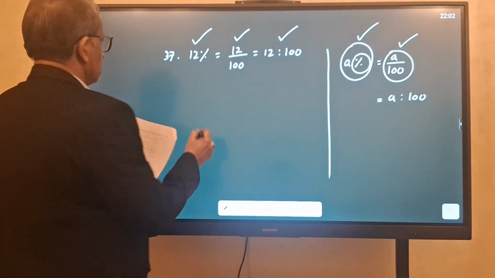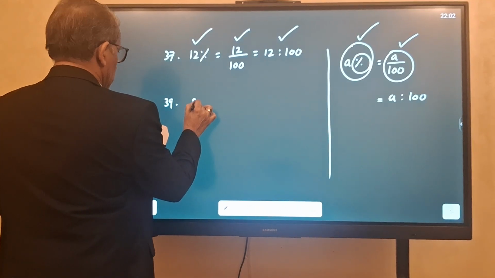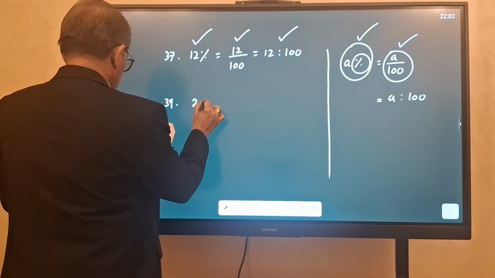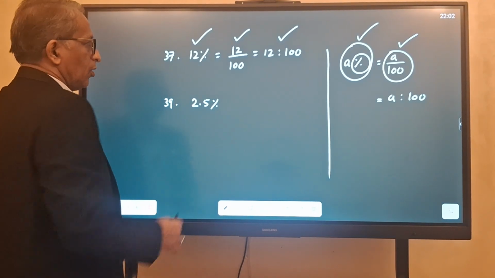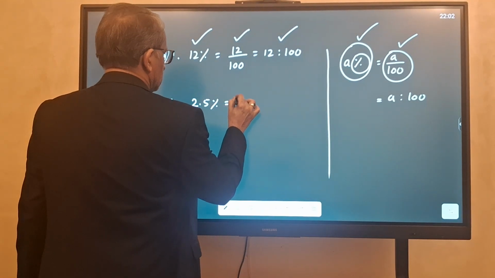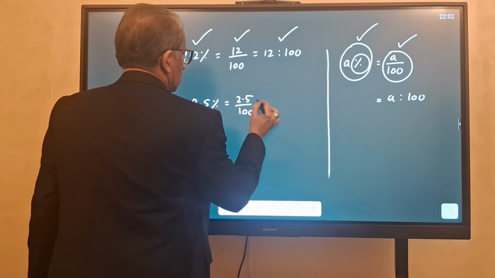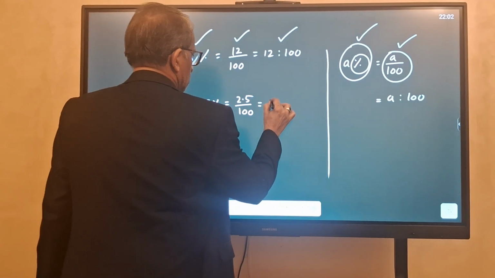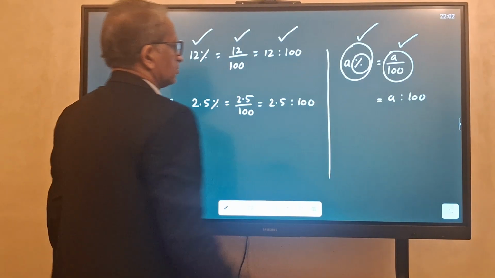Looking at question number 39: 2.5%. How do we write it as a fraction? 2.5 divided by 100. How do we write it as a ratio? 2.5 colon 100.